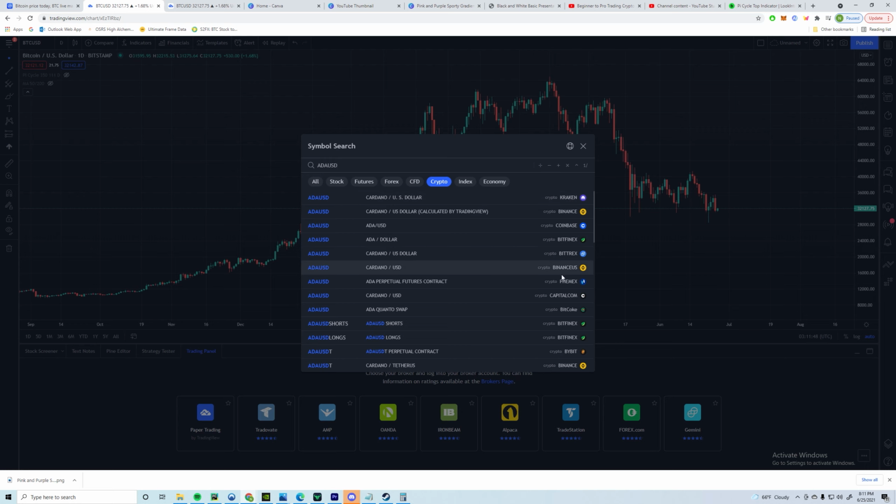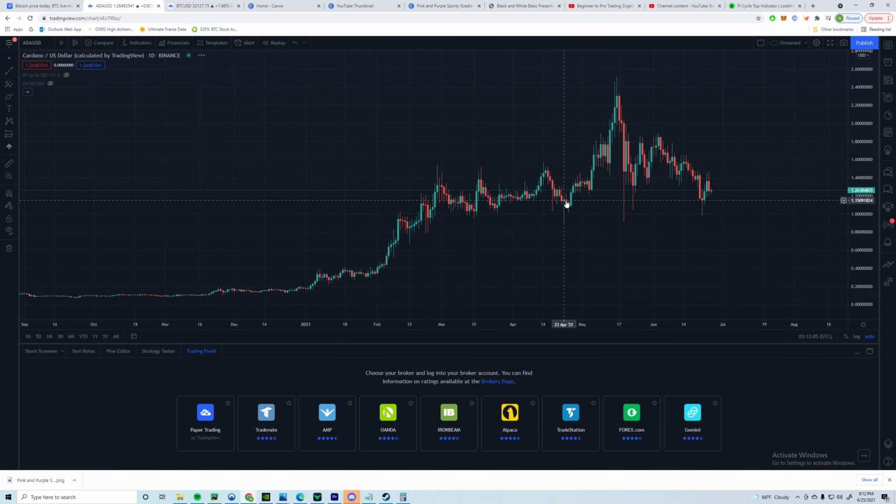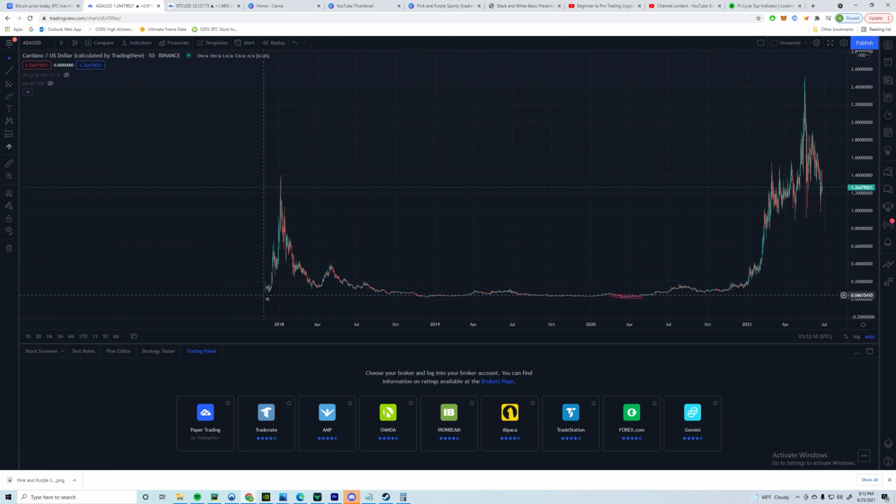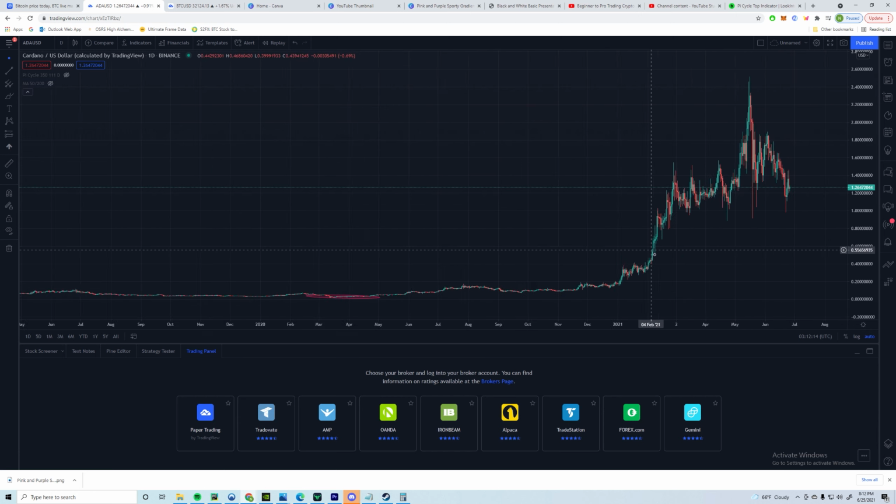Some exchanges have listed certain coins for longer time periods, so you're going to want to find the exchange that has had the most amount of time with the coin that you're looking for listed. Binance usually has had stuff listed for quite a long time, so if we click on that one, we can see that Cardano data for Binance goes all the way back to 2017.